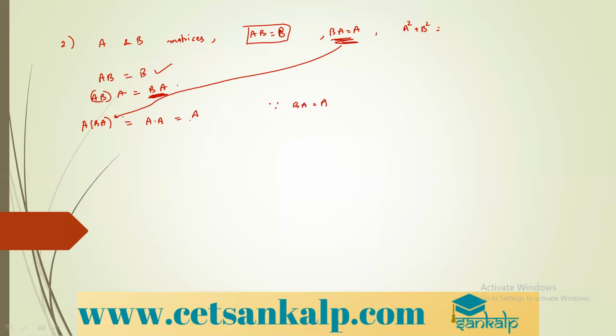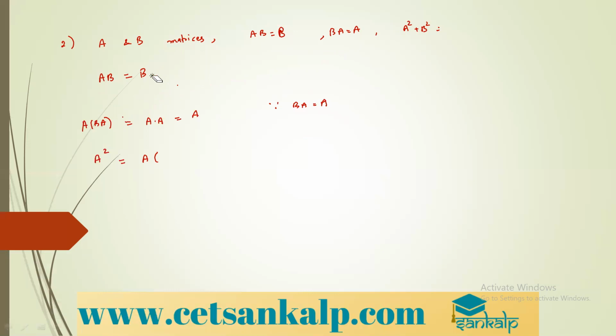And A into A is A. So when I take A square, it is A into, in place of A, I will write AB. Am I clear? This is slightly confusing, but you have to remember what we are doing.